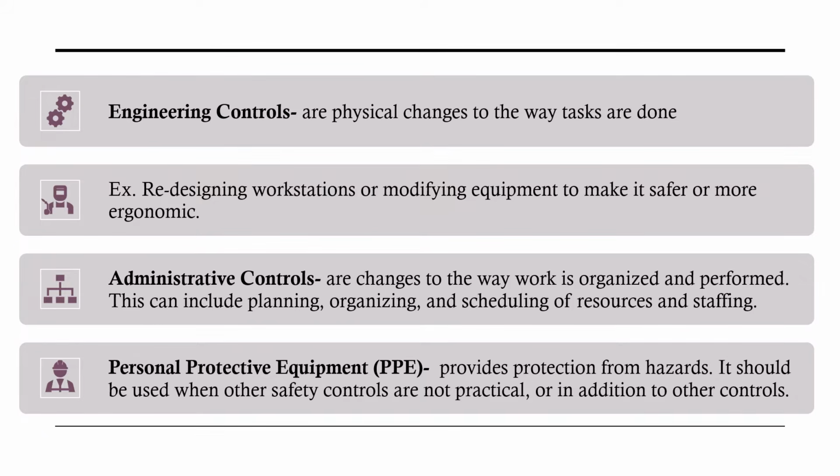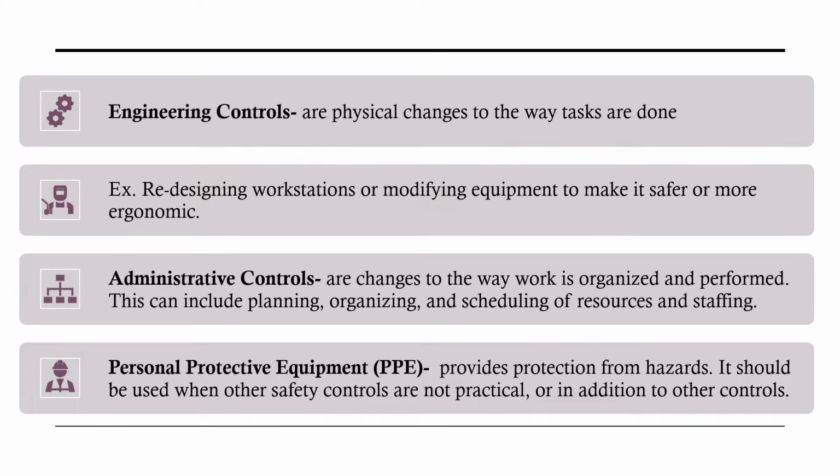For example, setting cleaning schedules for the kitchen and dining areas, training staff on food handling, hygiene, and proper cooking temperatures, as well as having clear rules in food storage or supply storage. For example, implementing FIFO, which stands for first in, first out, and requiring staff to report if they are sick to prevent spreading illness.